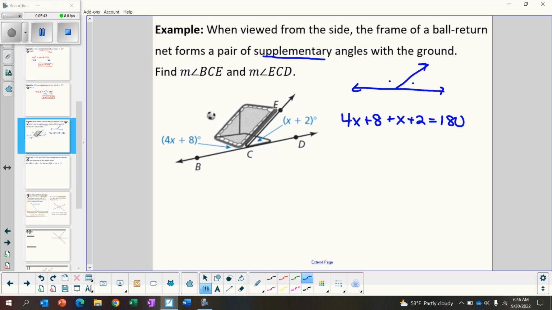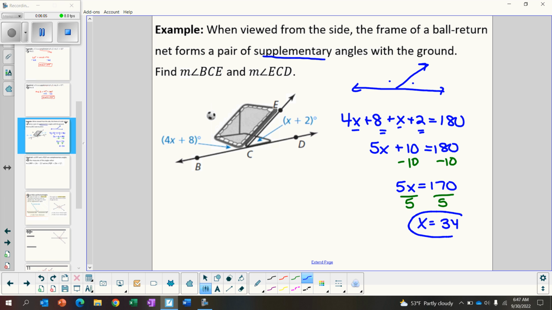All right, combine our like terms. We get 5x plus 10. Okay, we can solve. Divide by 5, and we get x is 34. What it asks us to find are the measures of the two angles, so I have to substitute it back in.